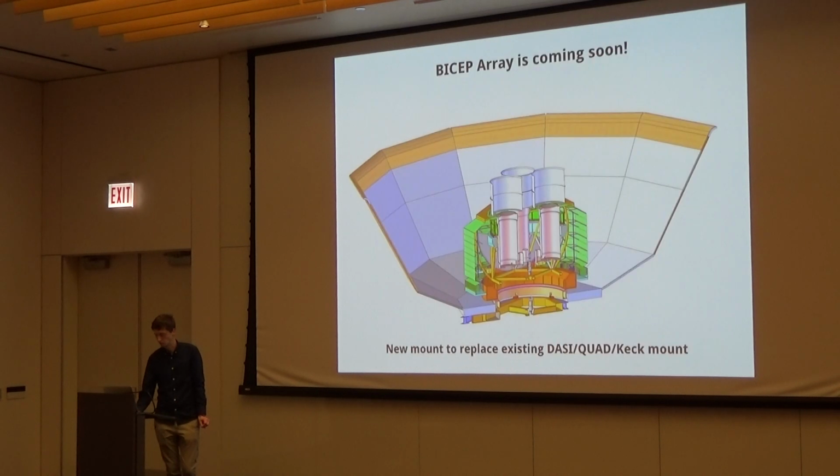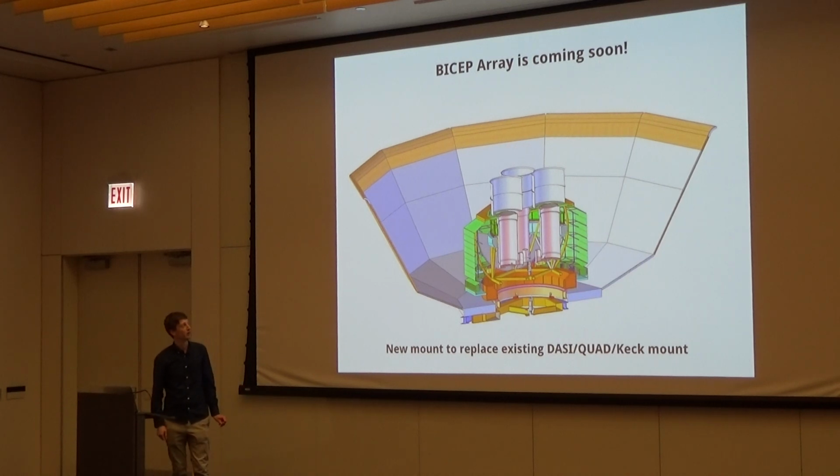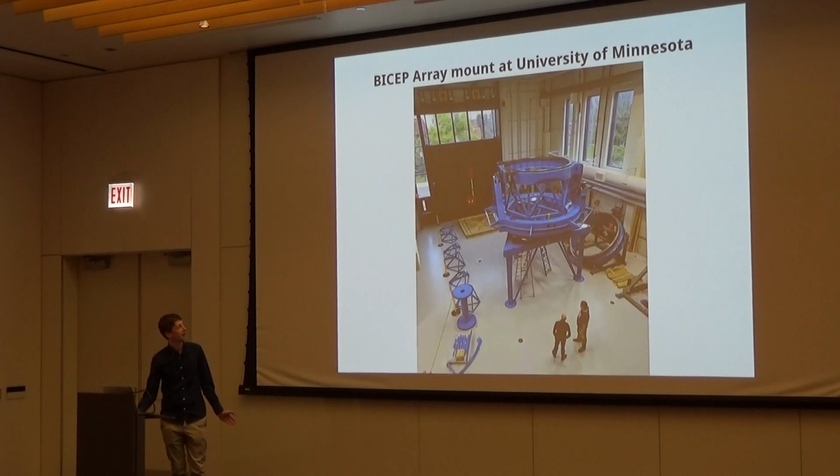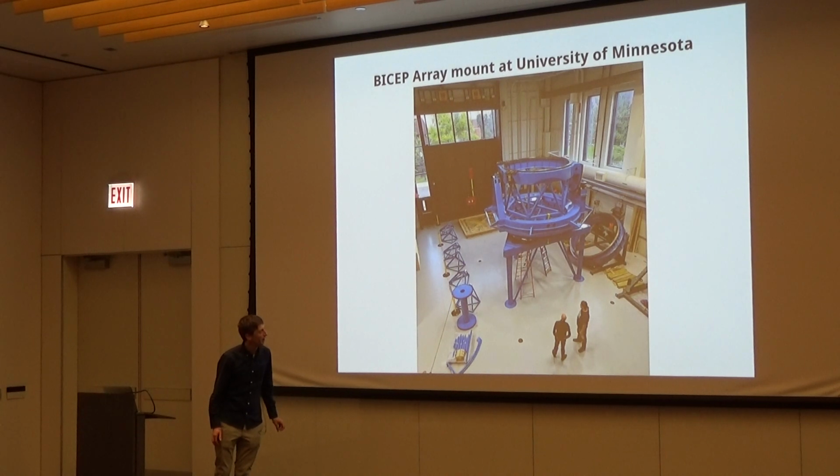I wanted to show you that not only do we have renderings of what BICEP Array is going to look like, this cutaway rendering showing 3 out of 4 telescopes, but we actually have a BICEP Array mount. This is in the high bay at University of Minnesota. This is a pretty large object, as you can see from Colin sitting there in the foreground.